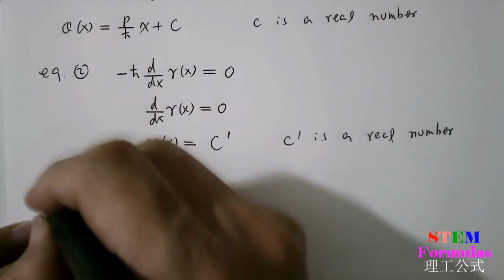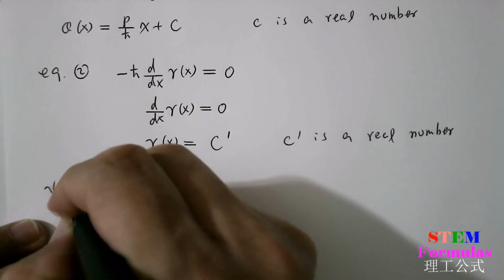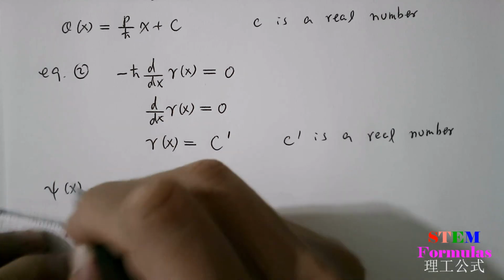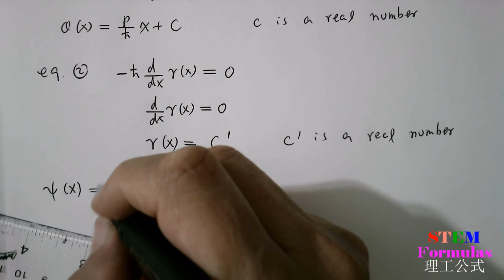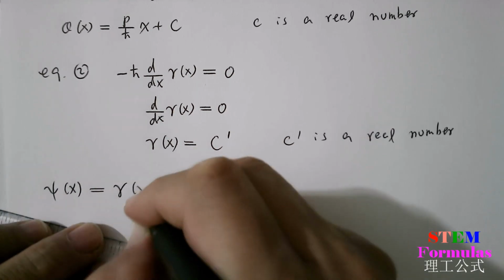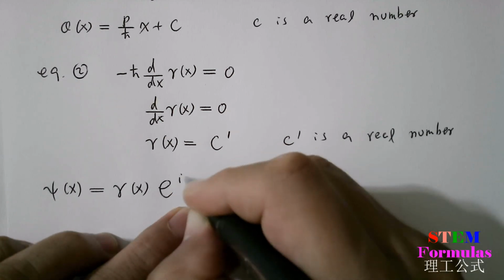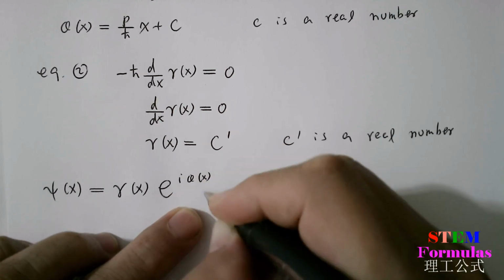Therefore, my psi of x, as I defined in the beginning, equals r of x e to the i theta of x.